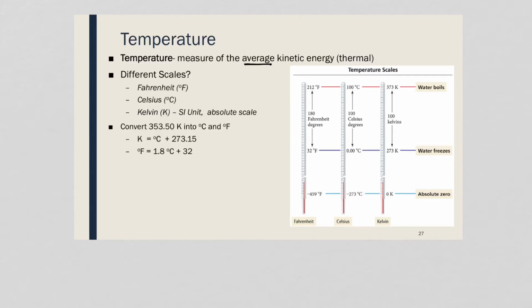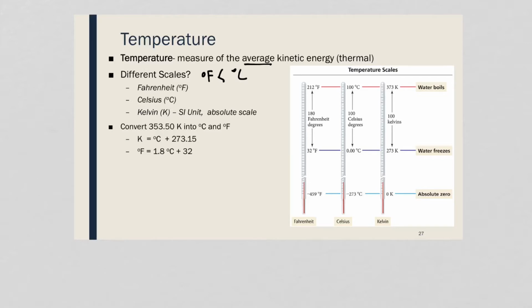So, first of all, if we compare the Fahrenheit and the Celsius scales, the first thing that we should realize is that the unit, a degree Fahrenheit, is a different size than a degree Celsius, right? So a degree Fahrenheit is smaller than a degree Celsius.